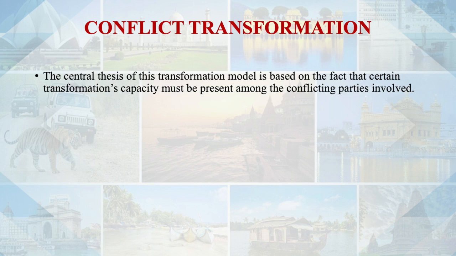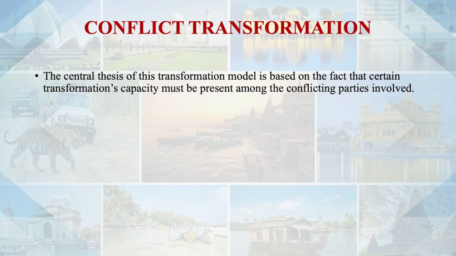After conflict resolution, let us understand one more stage, known as conflict transformation. What is conflict transformation? Its central thesis is that this model is based on the fact that certain transformation capacity must be present amongst the conflicting parties involved.